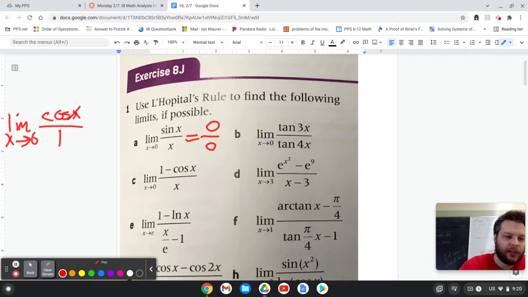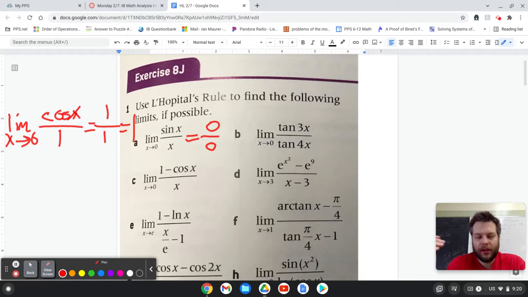So as x approaches 0, cosine of 0 is 1. There's nothing to plug into the bottom, so we get a value of 1. If you look at sine of x over x on a graph, you'll notice that it doesn't exist at x equals 0. There's a hole there. However, the graph from both sides is approaching a y value of 1.